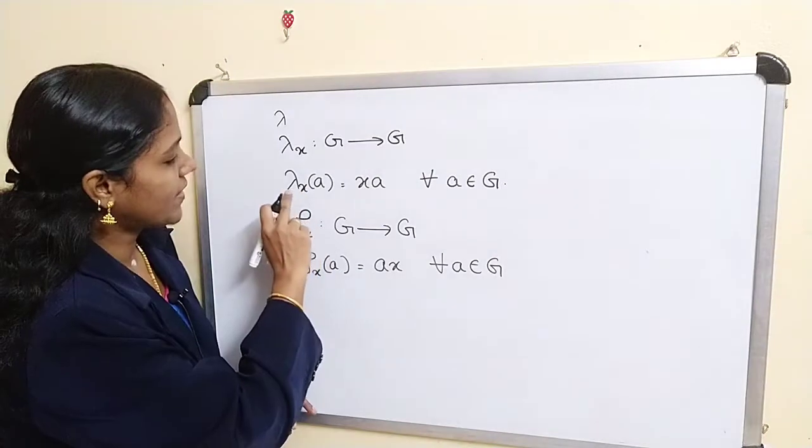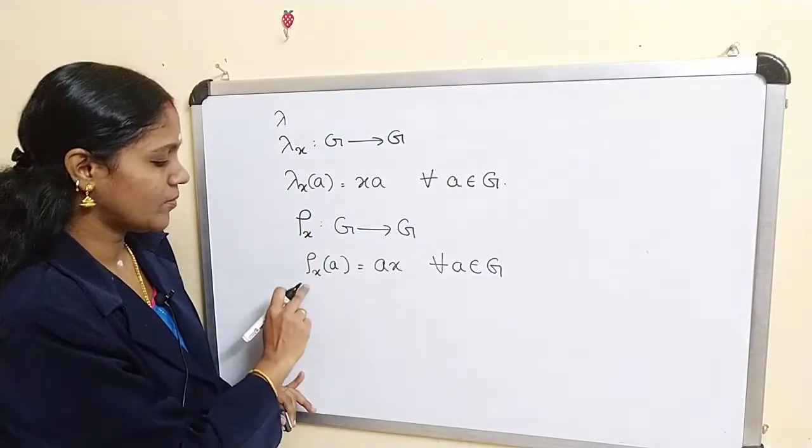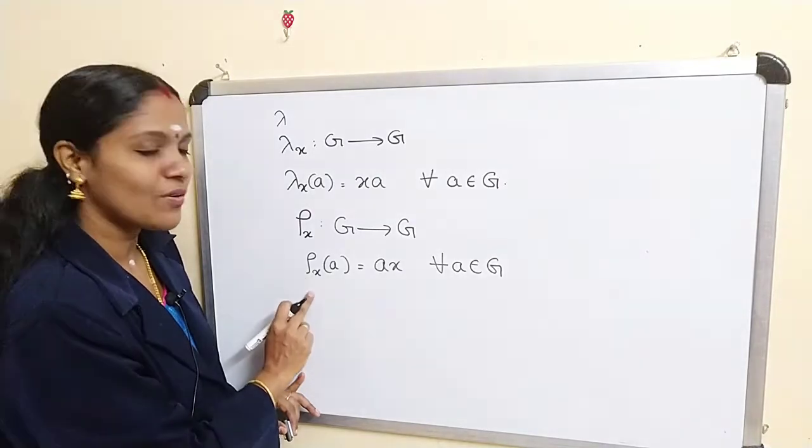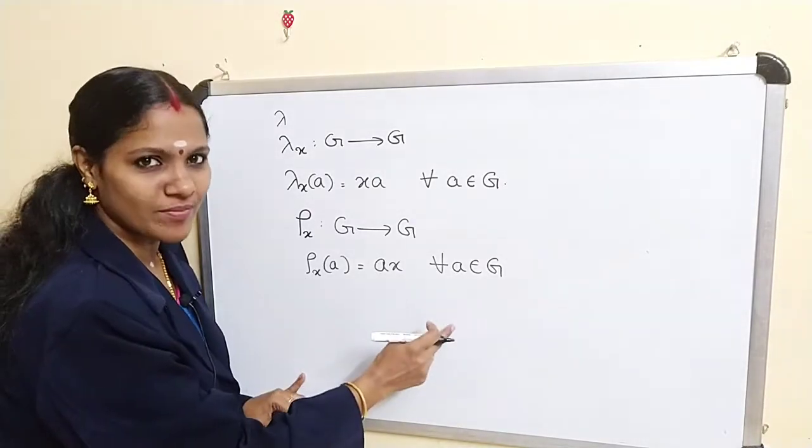Now, as in this case, we can prove rho x is also a permutation on G.